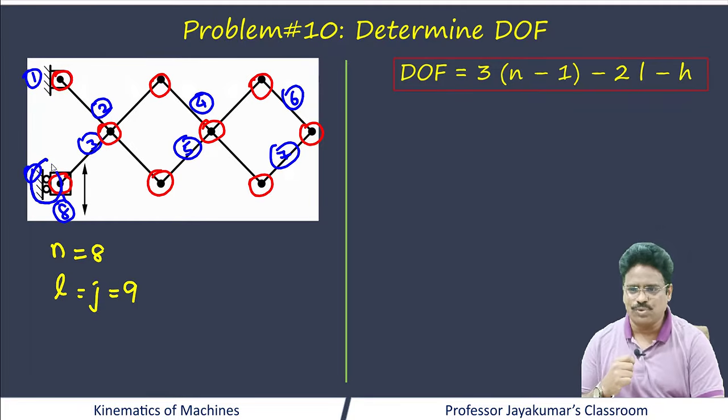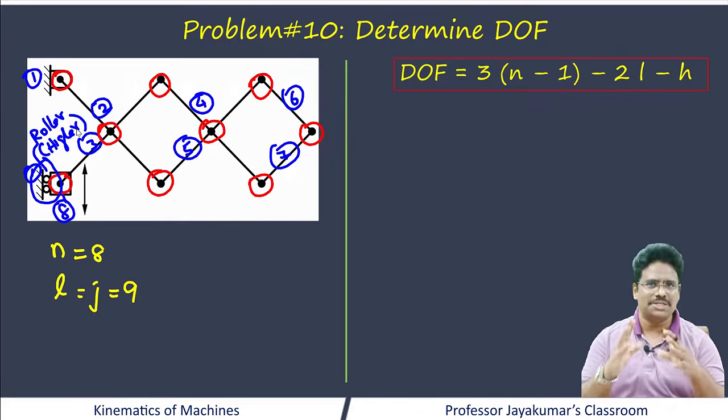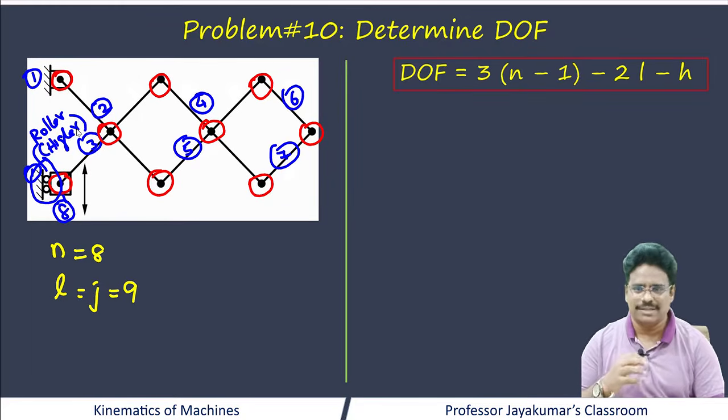Here we have a roller. What is that? It means we have one higher pair. Sliding joints and roller joints are different. In the previous problem, we had sliding joints, hence it is a lower pair. It comes under binary joint. Whereas here, it is a roller joint. When we have a roller, it comes under higher pair.